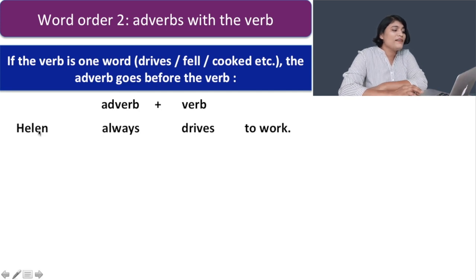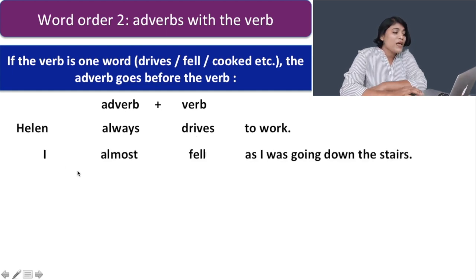Here you find Helen always drives to work. Here the verb is only one word, that means you only find the main verb. So in that case you have to put the adverb just before the verb; always is an adverb and it's just before the verb drives.